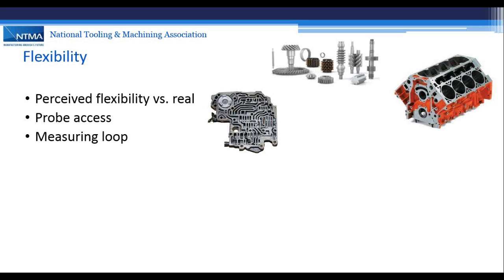So having less moving axis, a single directional probe actuating to pick up the surface like on a transducer type probe, having the shortest measurement loop may give us the best data possible, but it may not be the most flexible gauge.